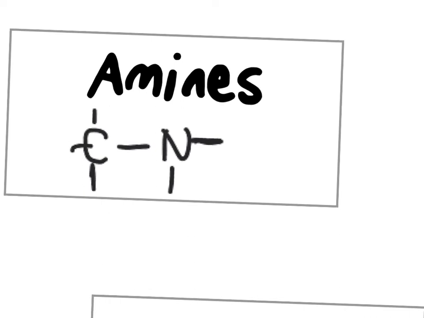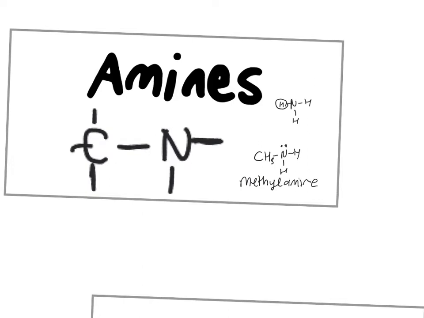So we can see here that ammonia would normally be a nitrogen with 3 hydrogen atoms, and here one or more of the hydrogen atoms can be substituted with an organic group like an alkyl group. So let's just replace one of these hydrogen atoms with a methyl group. So that's just like ammonia, but we've replaced it with a methyl group, and that would simply be called methylamine.